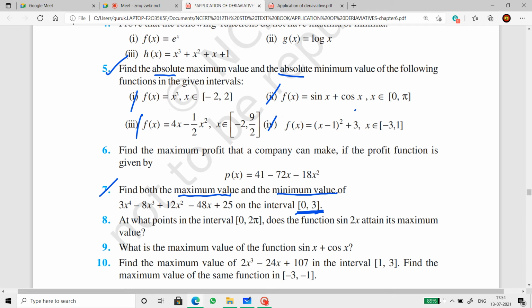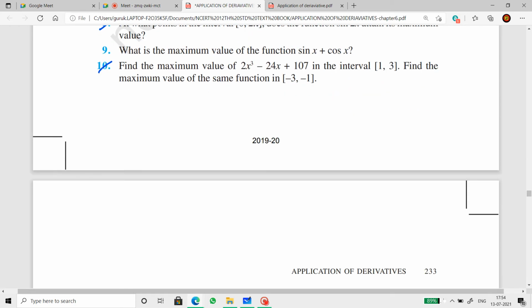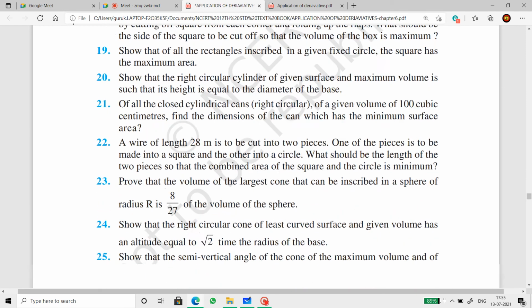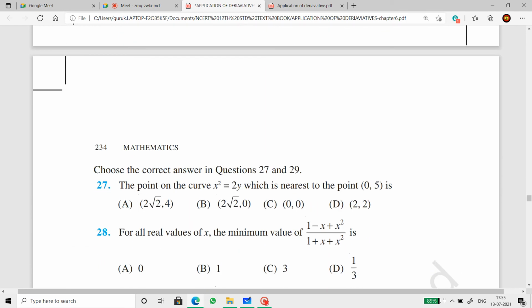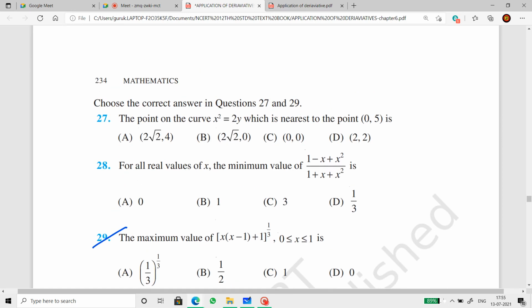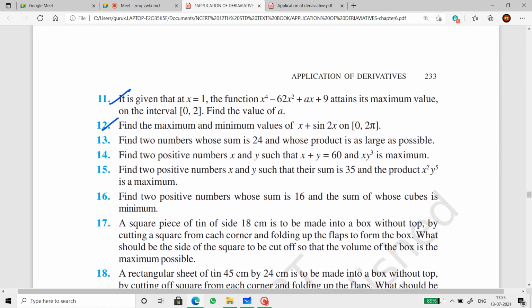Now the 7th one is absolute, the 8th one is absolute, the 10th one is absolute, the 11th one is absolute, the 12th one is absolute, and the 29th one is absolute. Clear, guys?